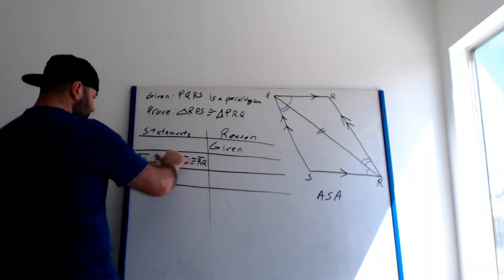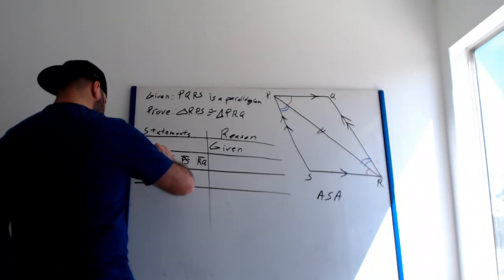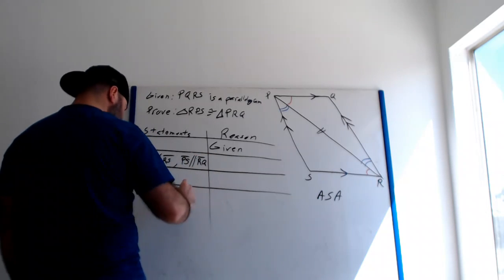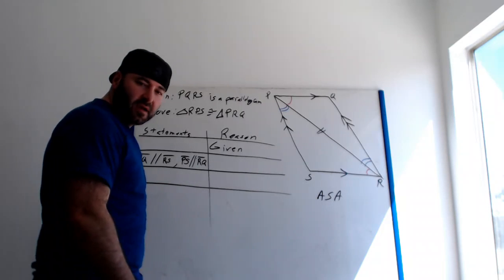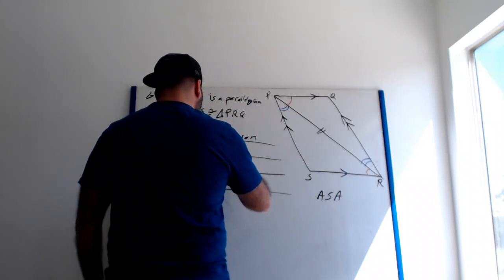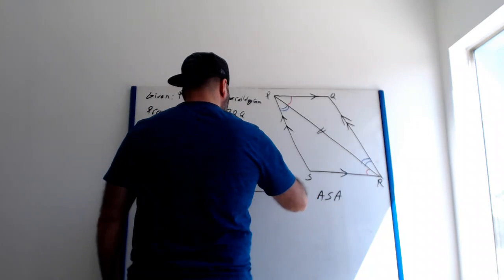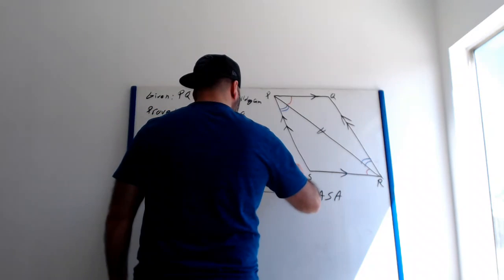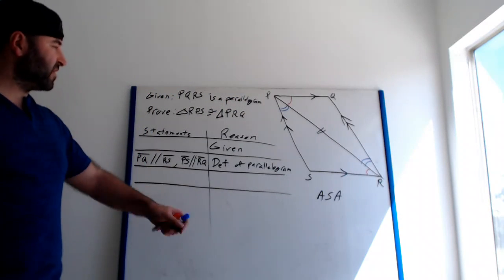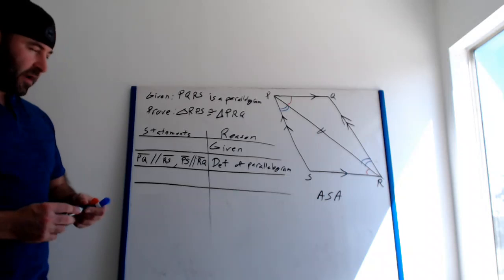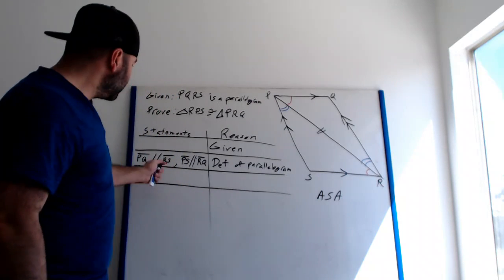Sorry, not congruent. Parallel. Okay. And that's going to be the definition of parallelogram. Okay. So now that I've said that those two are parallel, now I can go ahead and I can talk about the angles.